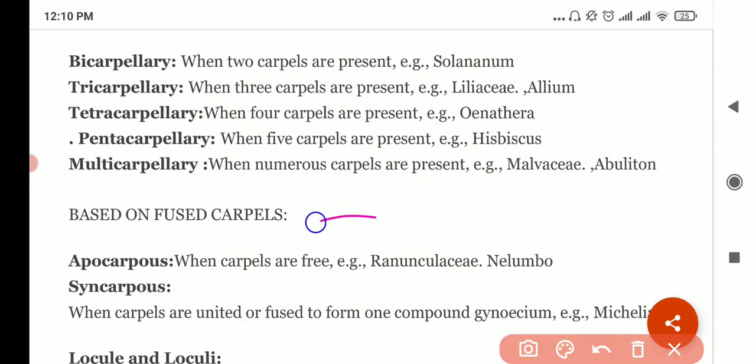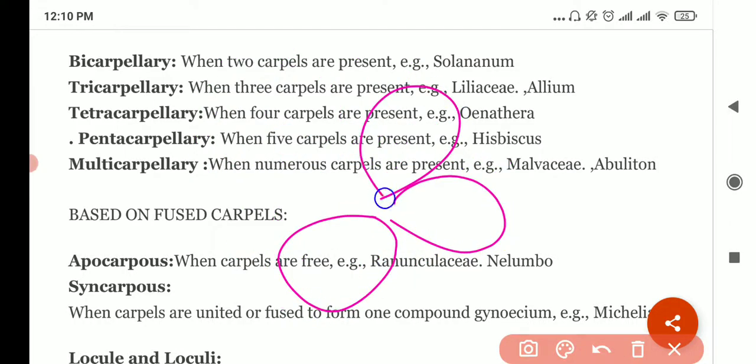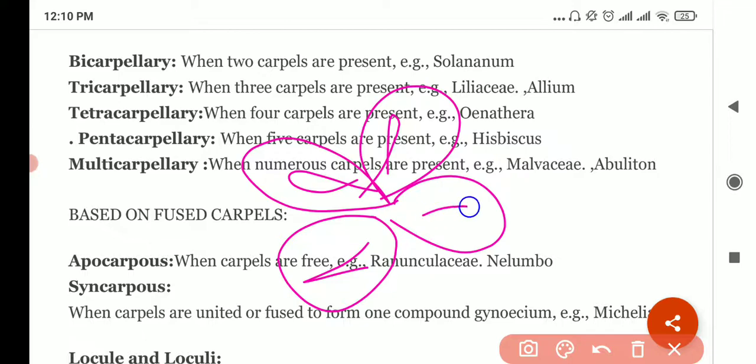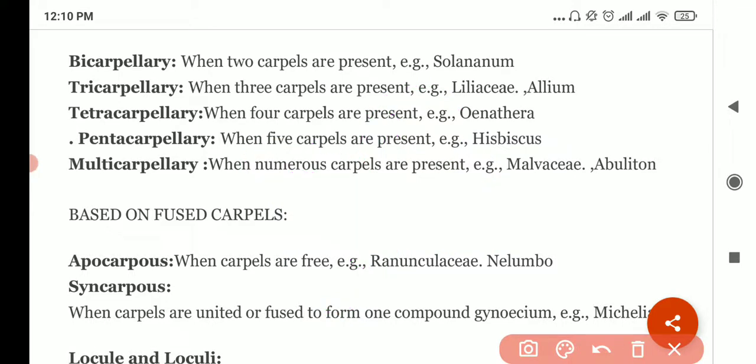Then if there are 4 carpels, it's tetracarpellary, then there are seeds inside, then penta, and then many more will be multicarpellary.